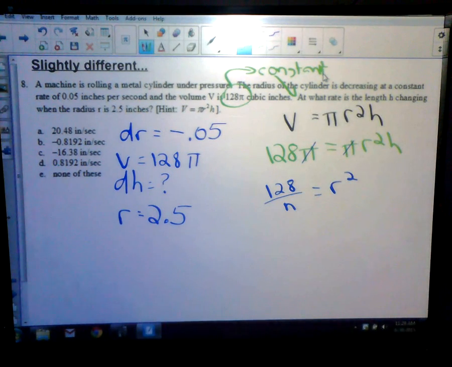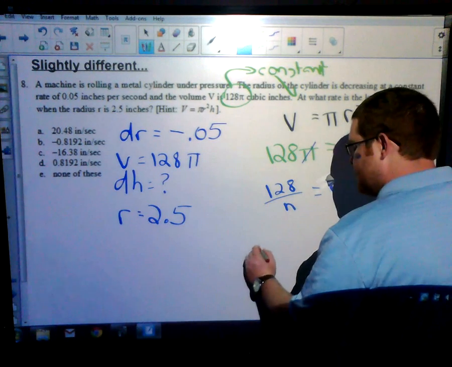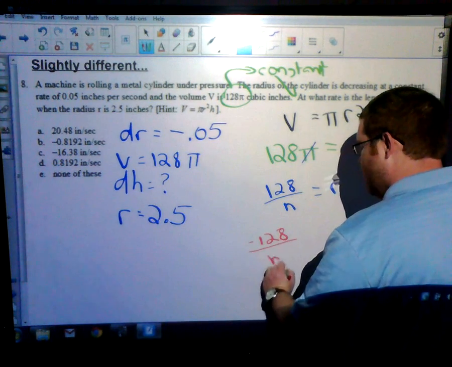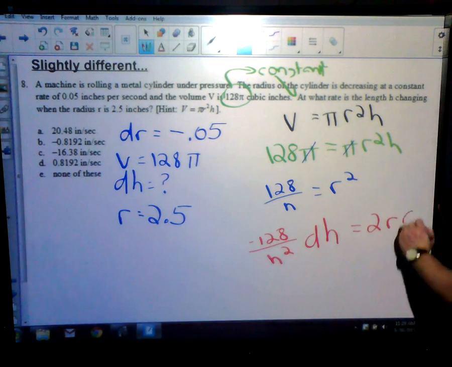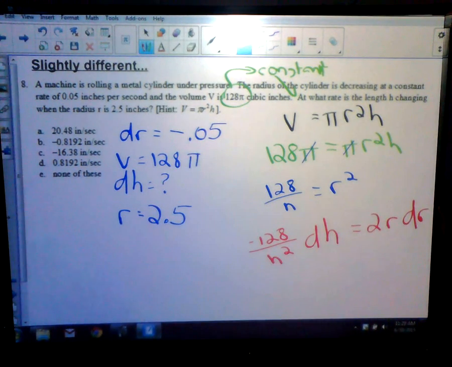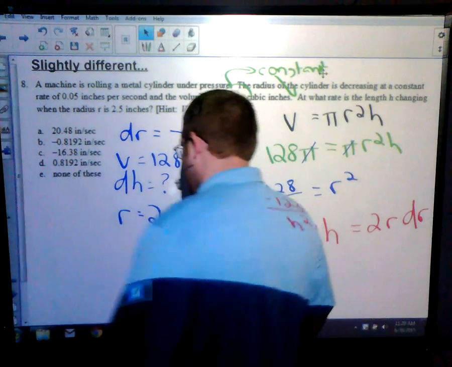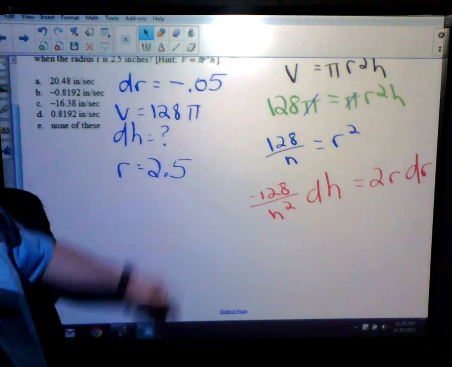Now I have an easy formula. Let's take the derivative of both sides. This is negative 128 over h squared dh equals 2r dr. Let's plug in everything we need. Well, let's actually solve. I need dh by itself.